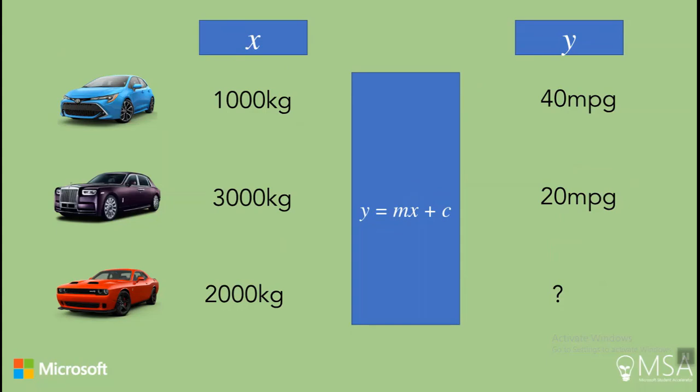And you can think of machine learning as basically trying to find the m's and the c's. And it'll be much more complicated. So for example, if you've got this just has a weight, you could have m1 times x1, which is the weight. And if you have more variables, it'll be m1 times x1 plus m2 times x2 plus c. So this can get more complicated, and then you can add nonlinear stuff, which is where things like deep learning come in.